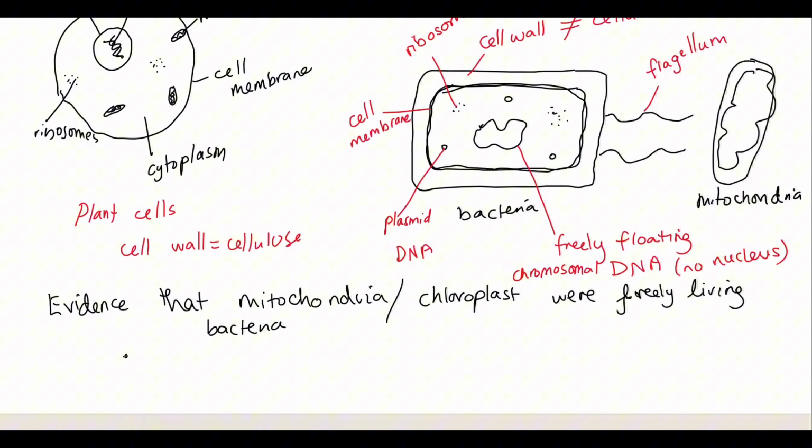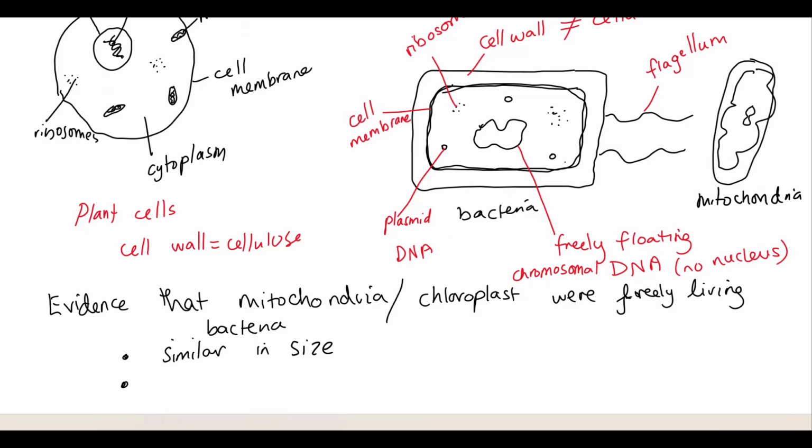So key points there. One thing, remember I said that they're very similar in their size. So similar in size is one of the reasons. And secondly, is the fact that this mitochondria also has its own DNA, and therefore it can reproduce itself independently from the cell dividing.